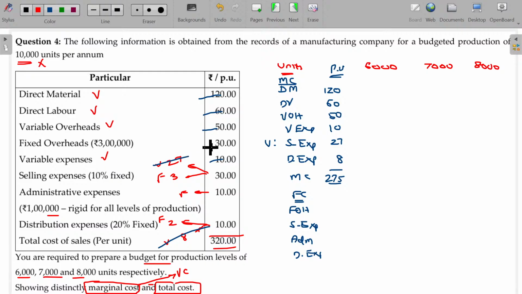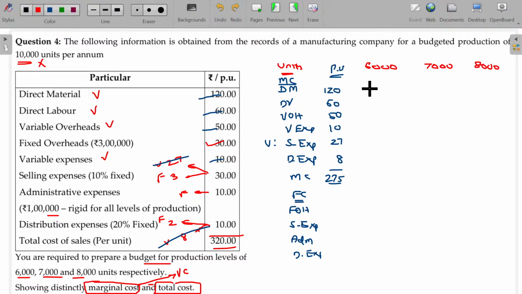These things are constant, 3 lakhs constant for all the levels. Is that okay? I can finish up that later on to get the presentation better.